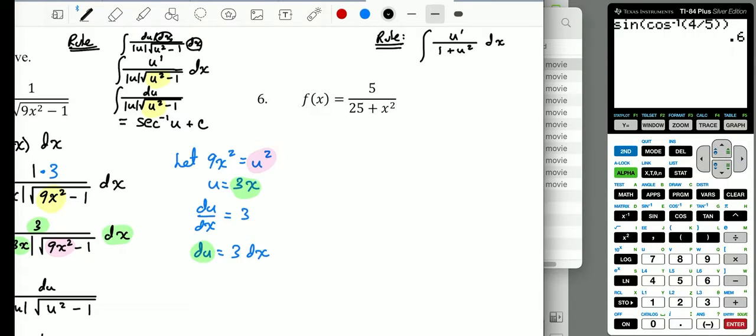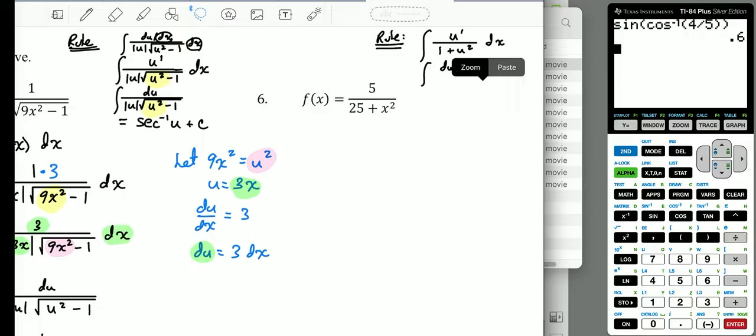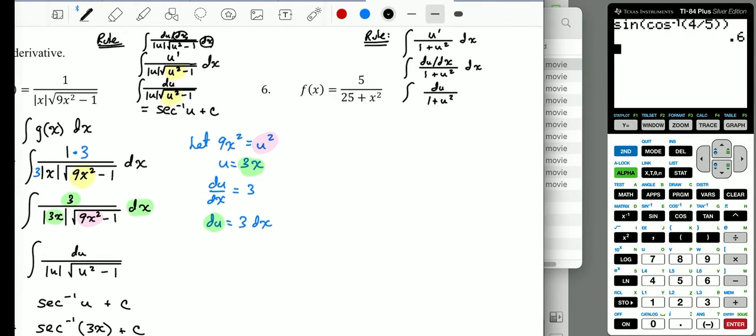Another variation of that would be du dx with everything else the same. And the final variation would be du over 1 plus u squared, which I think is the one that we should be aiming for.